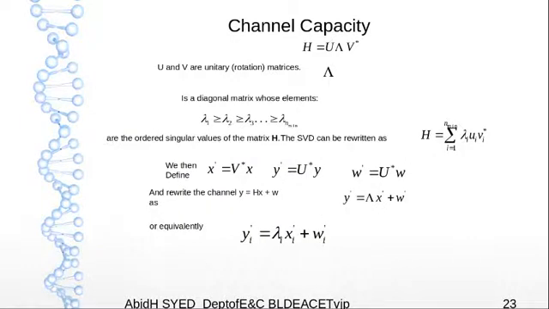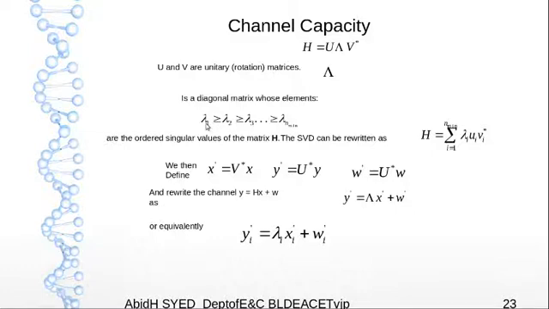So this is regarding the channel capacity, how it is actually represented using singular value decomposition, where U and V are unitary matrices, and the middle matrix is nothing but a diagonal matrix whose elements are the eigenvalues, in decreasing order.